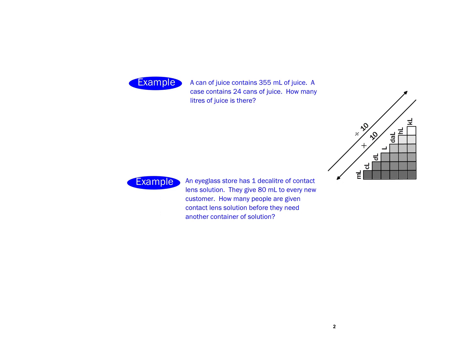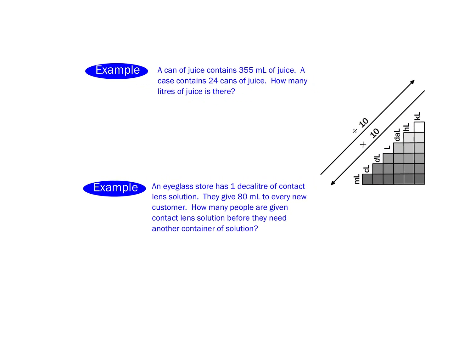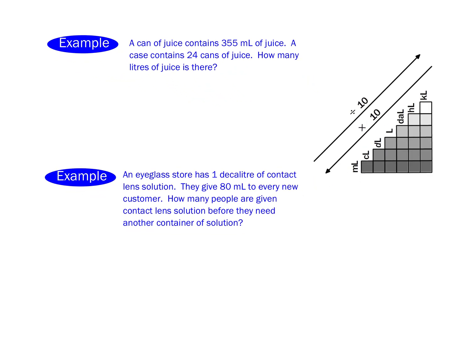So let's take a look here. The first question is, a can of juice contains 355 milliliters of juice. A case of 24 cans. How many liters of juice is there? So first of all, we have to find the total volume in milliliters.